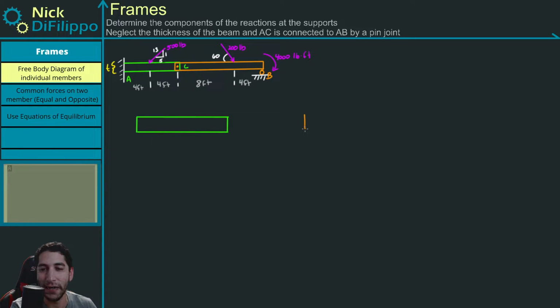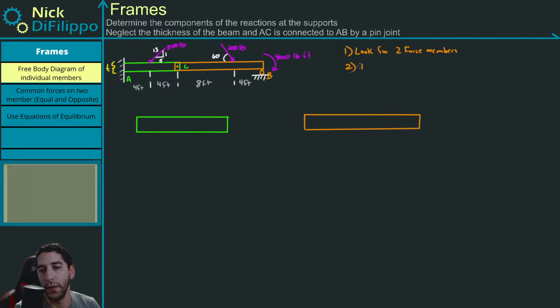Two force members will greatly simplify our analysis in the work that we are going to do. Unfortunately, this problem does not have any two force members. So I just want to write up here, one, we want to look for two force members. And two, we want to identify common points, such as pins.